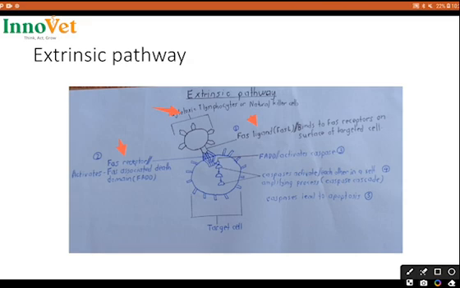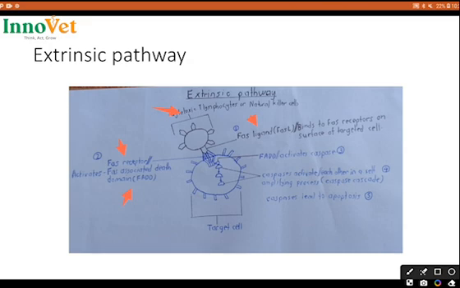When they bind, they activate the Fas associated death domain, or FADD. The FADD then goes on to activate caspases.